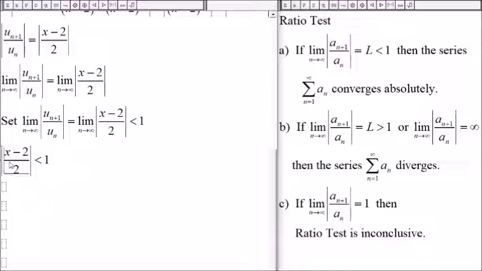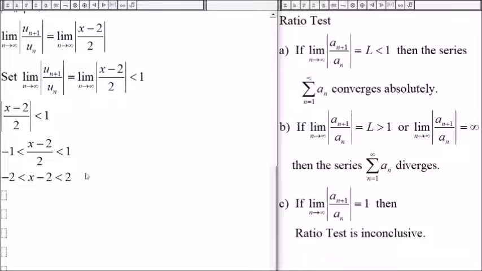But what this means is this: the absolute value of something less than 1 means that something is between -1 and 1. Now multiply everything by 2: -1 times 2 is -2, multiplying this by 2 we get x minus 2, and multiplying the right side by 2, we get 2.